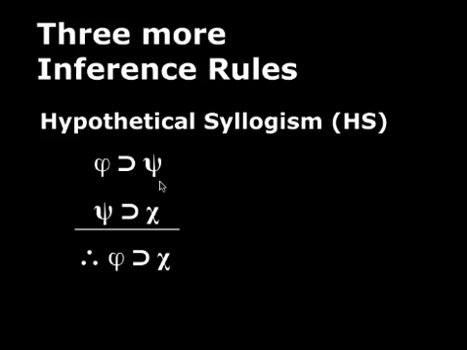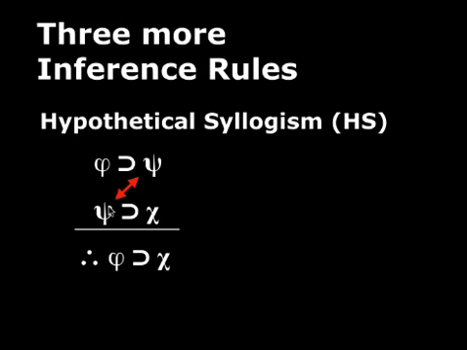Next up is hypothetical syllogism. This rule says that if you have two conditionals, which we have here, if phi then psi, and if psi then chi, and those two conditionals are such that the consequent of this one is the same as the antecedent of that one. Okay, so we have a match.